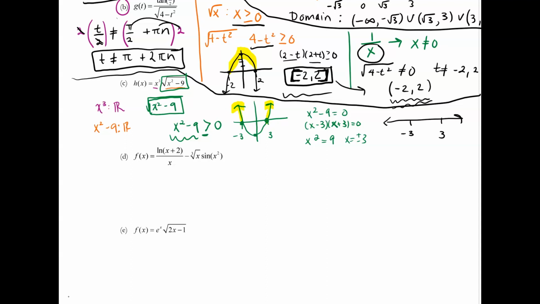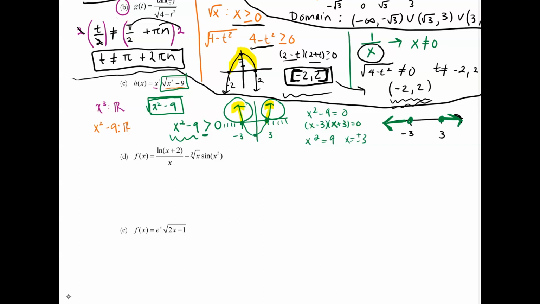We're saying that x can equal -3 or be less than -3, because for these values less than -3 the graph of this is positive. And then x can be equal to 3, so I'm going to use that closed circle, or greater than 3. For these values of x greater than 3, x squared minus 9 is positive.